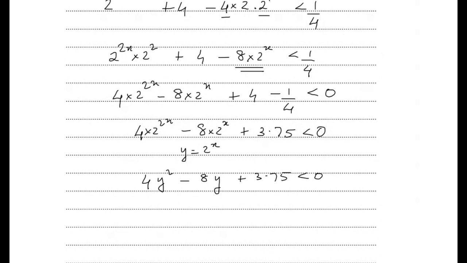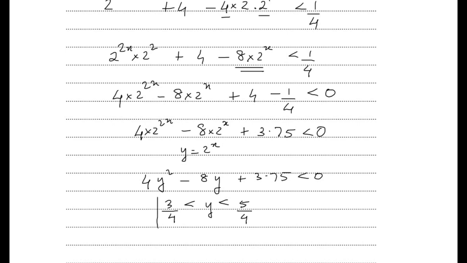Now, a quadratic inequality like this can be put into the quadratic function of your calculator, and you will end up with y lies between 3 by 4 and 5 by 4. So 3 by 4 on the left and 5 by 4.